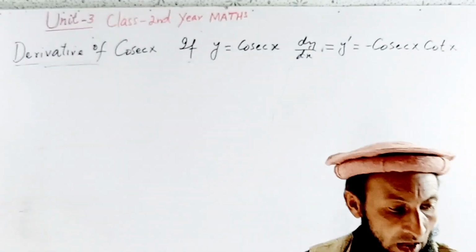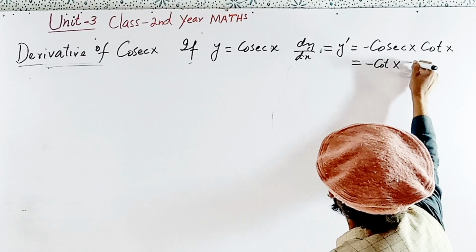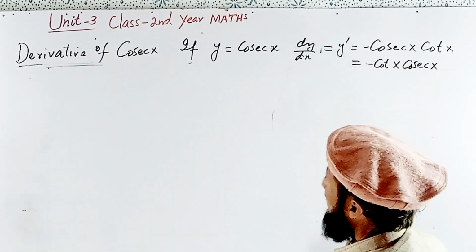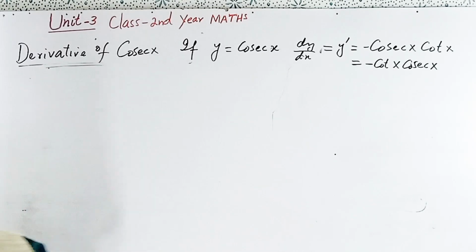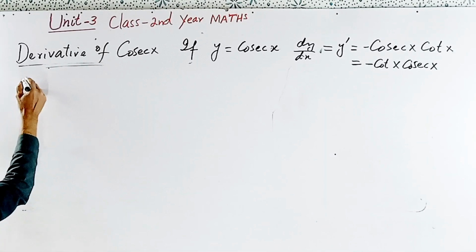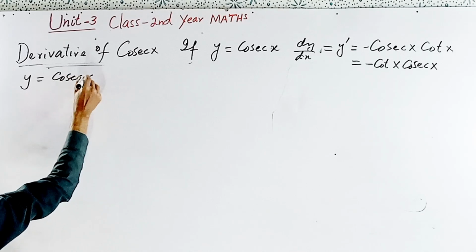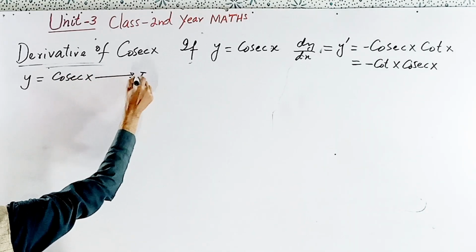That is the result for the derivative of cosecant x. Now we prove it using the first principle rule, y is equal to cosecant x, equation number one.